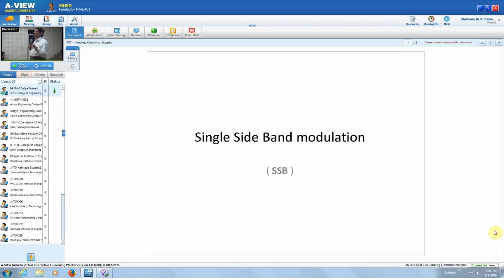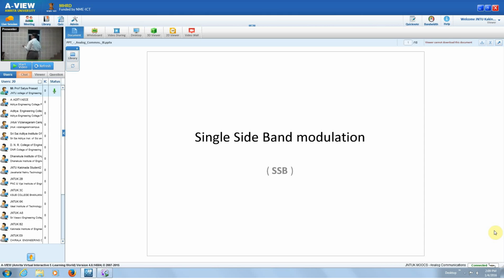Therefore, even if you transmit only one sideband, either fc plus fm or fc minus fm, by having a coherent detector at the receiving end, we can get back the original baseband signal. Therefore, instead of transmitting two sidebands, that is double sideband, we will suppress one more sideband, so that we transmit only one of the sidebands.